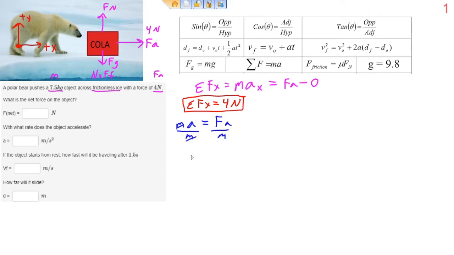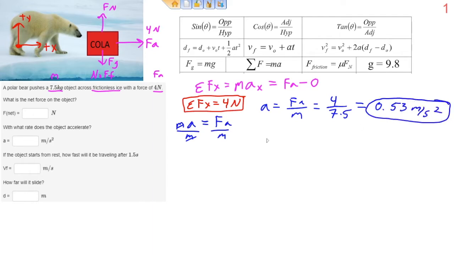And I find out that acceleration for this problem should be equal to my force applied over my mass. I plug in my numbers. I get 4 divided by 7.5. That gives me an acceleration of 0.53 meters per second squared.